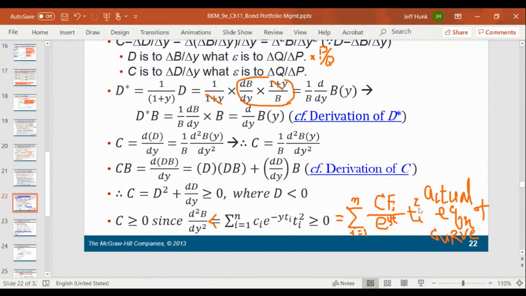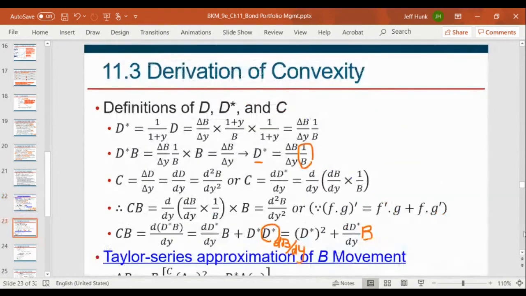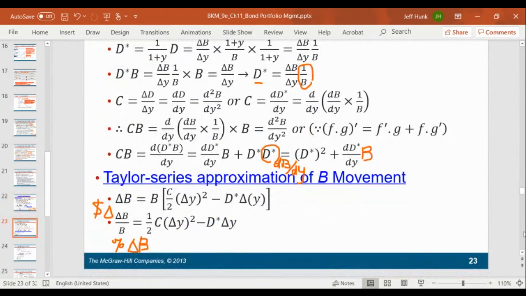You might wonder, oh, that's second order, that's quadratic. No, that's time. That's only time, not the curvature. That's not even chronological time. It's just time period, the coupon payment period.